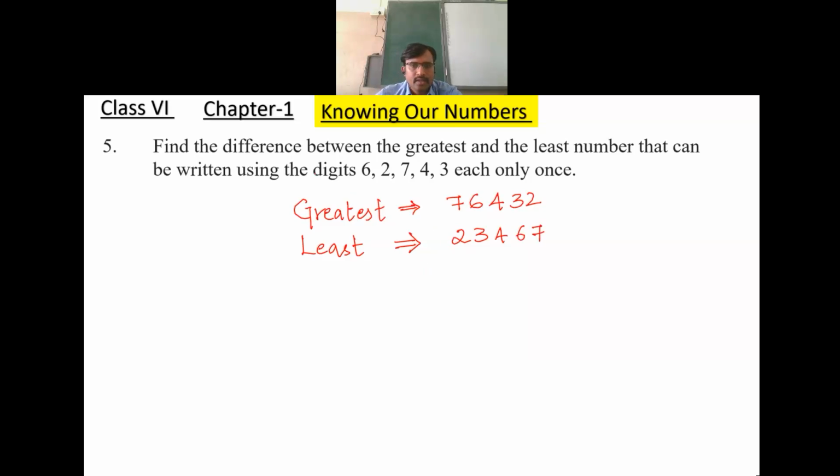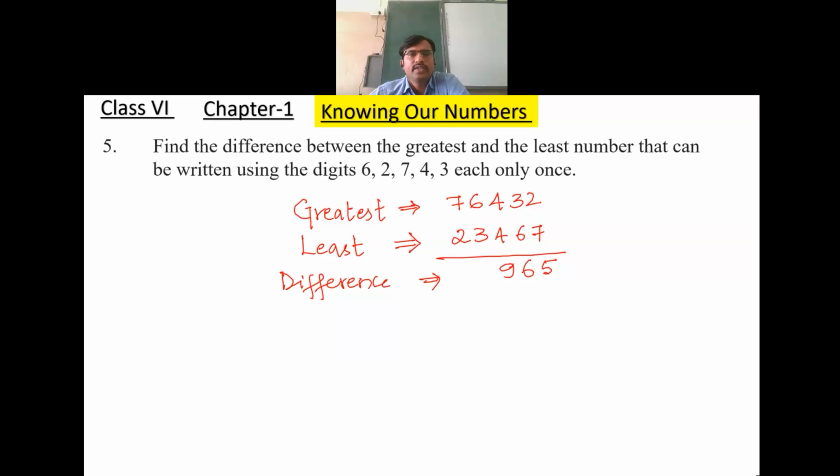Now you have to find out the difference. So the difference will be 12 minus 7, which is 5. Then 12 minus 6 is 6. Here 3 will be there, so 13 minus 4 will be 9.